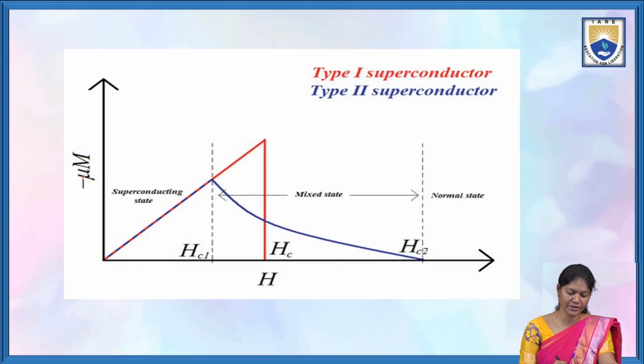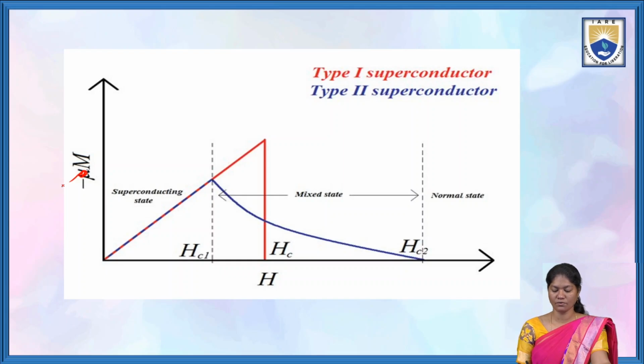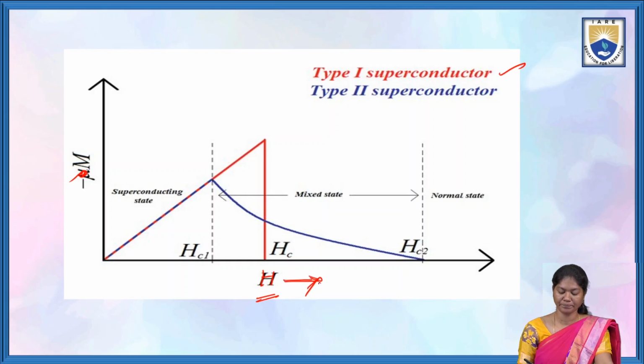So from this diagram, the variation of minus M with respect to H. When the applied magnetic field goes on increasing, the superconducting state shows up to Hc1, the lower critical magnetic field.